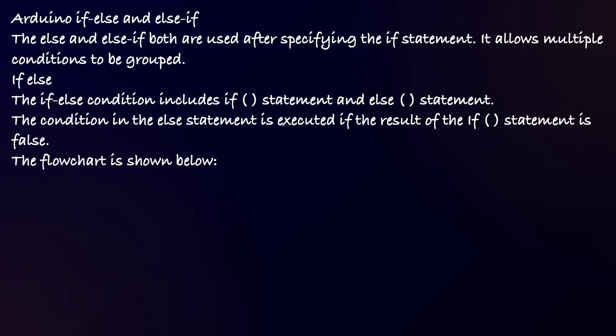Imagine I have told you to write a program in Arduino where a robotic hand will move and grab a glass or pick up something. Okay, only when the distance between the hand and the object is less than, imagine, 10 centimeters, but it should also always be more than 2 centimeters.